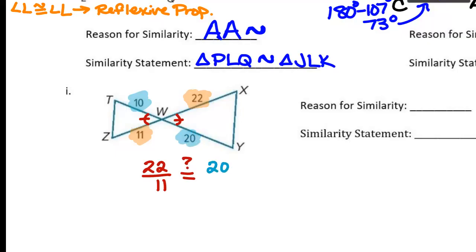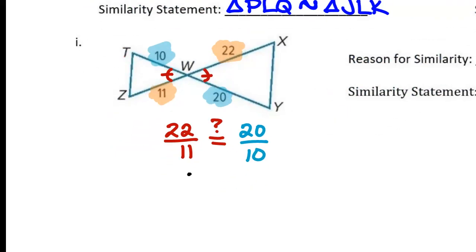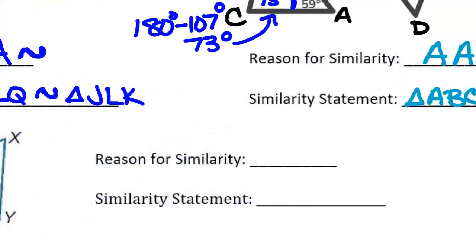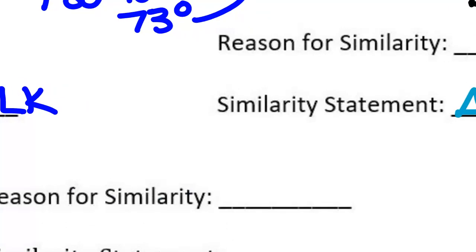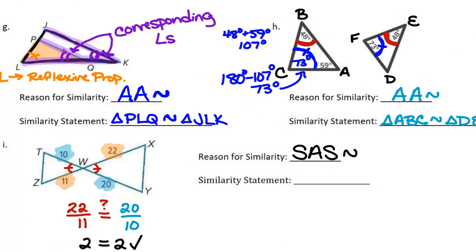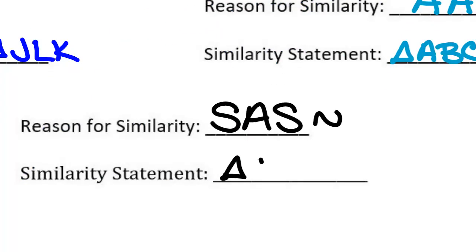So 20 over 10. What is 22 divided by 11? 2. 20 divided by 10? 2. Are my sides proportional? So are these triangles similar? Using what? Using side-angle-side similarity. I can say that triangle, let's call this TWZ, TWZ is similar to triangle.